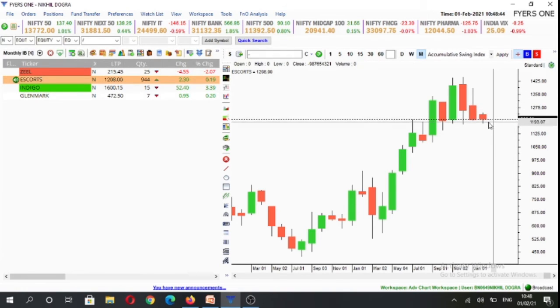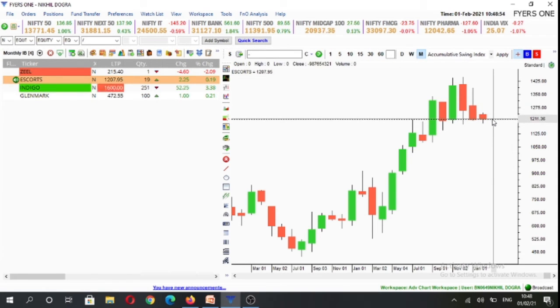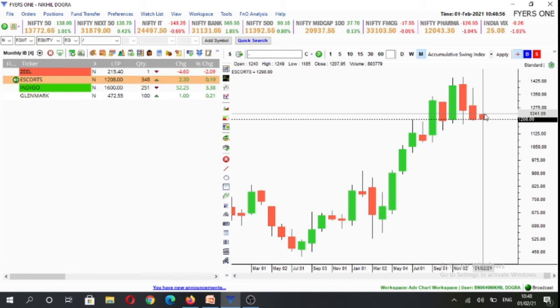But since it has already broken to the downside and it may reverse above 1240 levels, so for a potential outside monthly candle in February, if it trades above 1240.1, we'll accumulate a position but at a relatively smaller size.